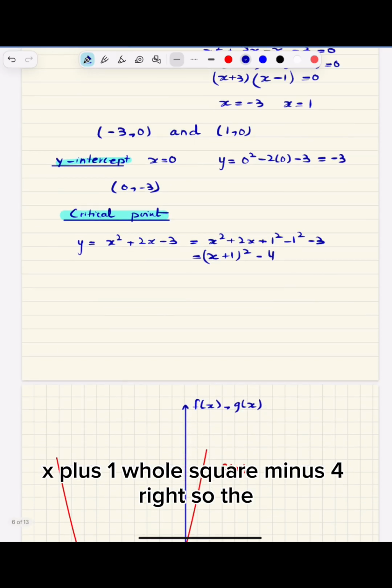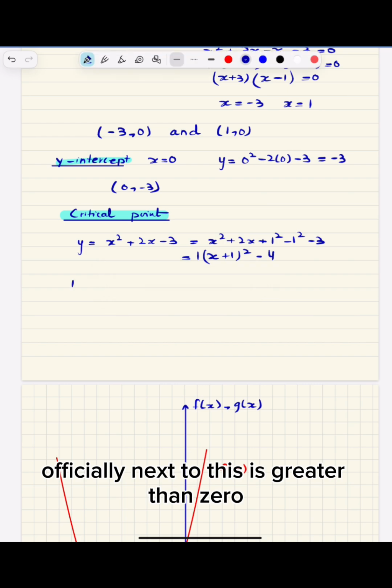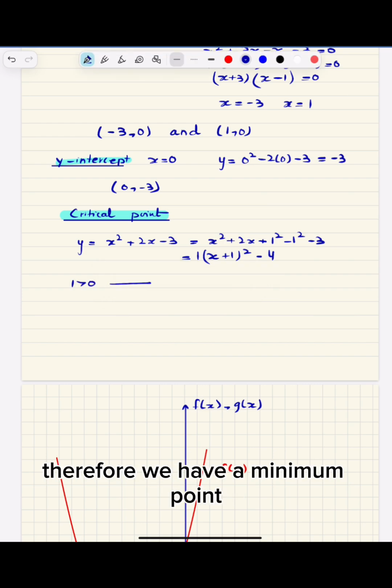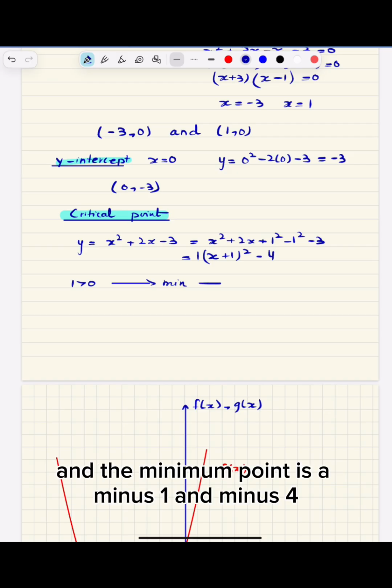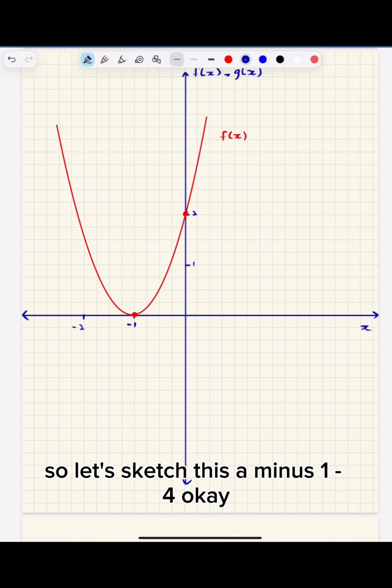The coefficient next to this is greater than 0, therefore we have a minimum point, and the minimum point is (-1, -4). So let's sketch this.